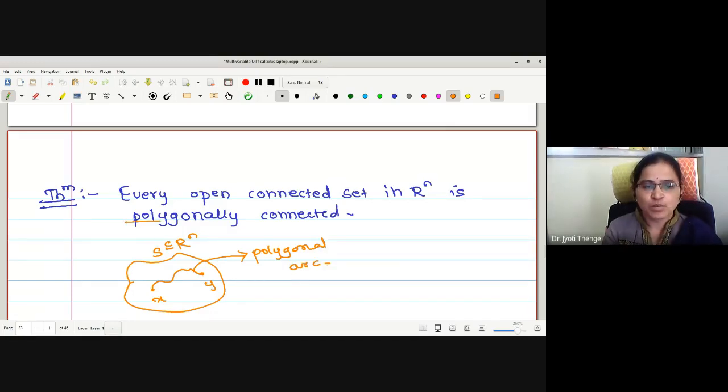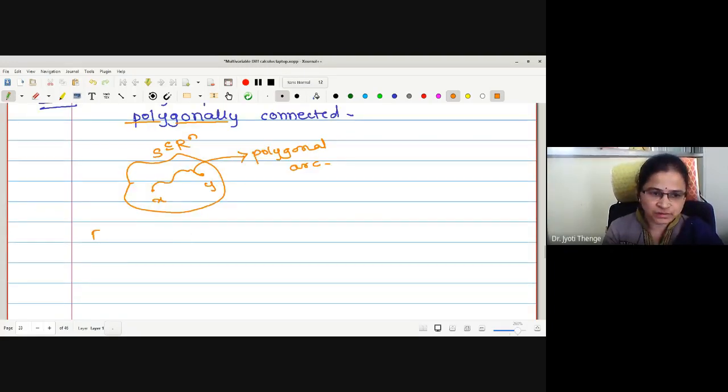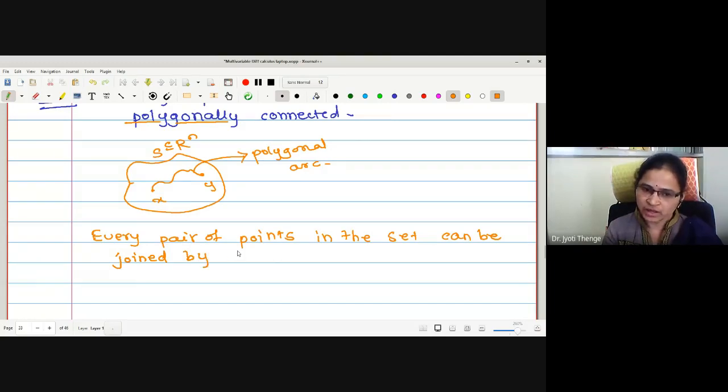That's why it is called polygonally connected. Every pair of points in the set can be joined by a polygonal arc lying in the set.